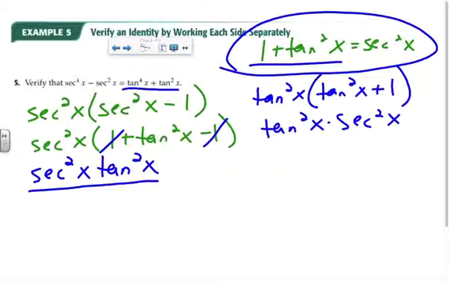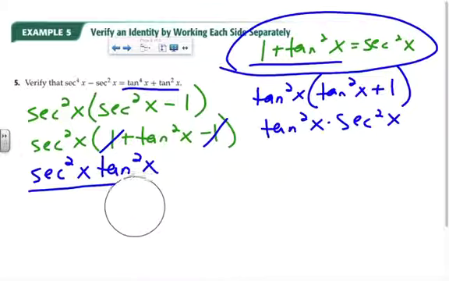If it's not necessary for you to work the right-hand side in order to see that, then save yourself some time, okay? But you can work each side separately so that you see the point at which the two sides of the equation will kind of match up, and what you need to do to one side in order to achieve that. All right, so coming back to this secant squared of x times tangent squared of x.